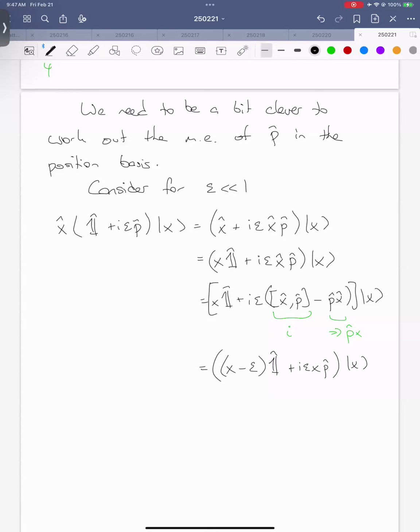And now we're going to do a little bit of fancy footwork and say that this is equal to x minus epsilon multiplying the identity operator plus I epsilon p operator x eigenket plus quantities of order epsilon squared.